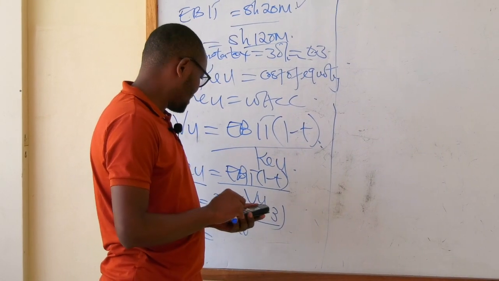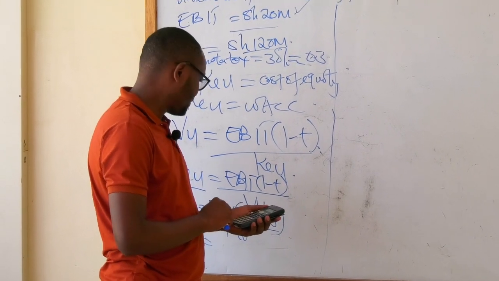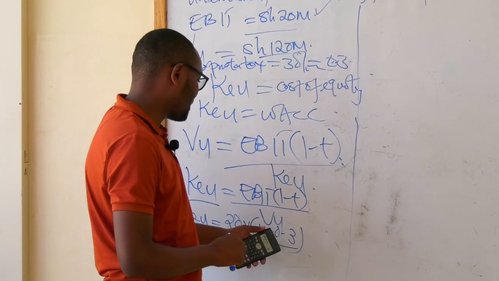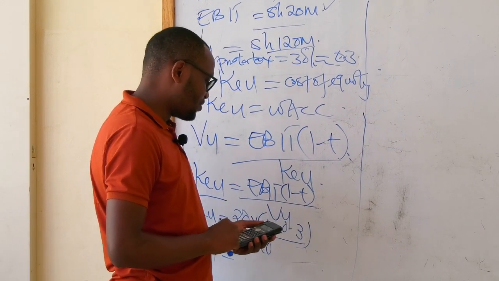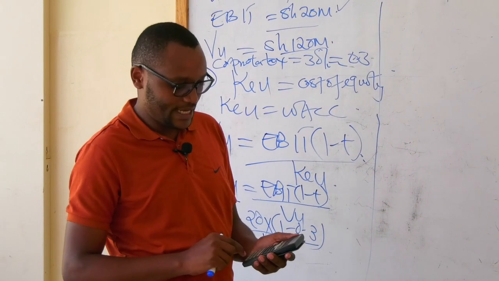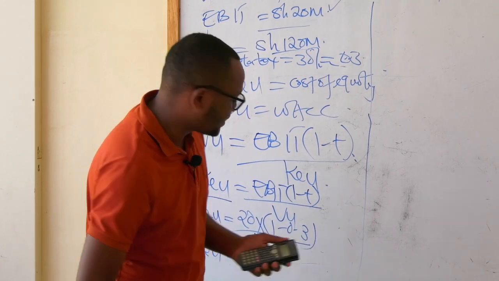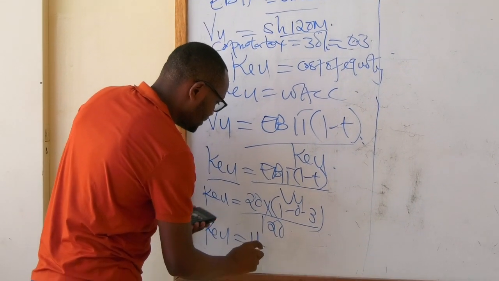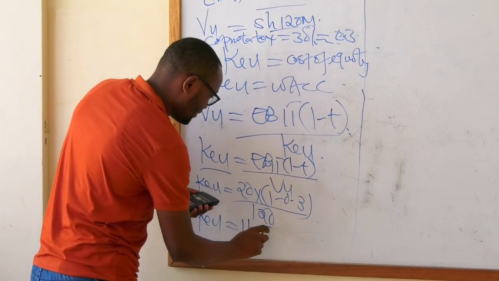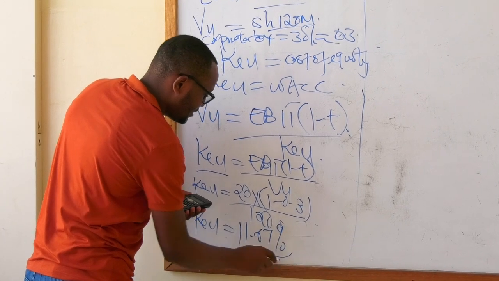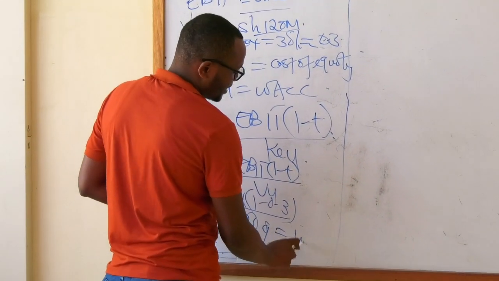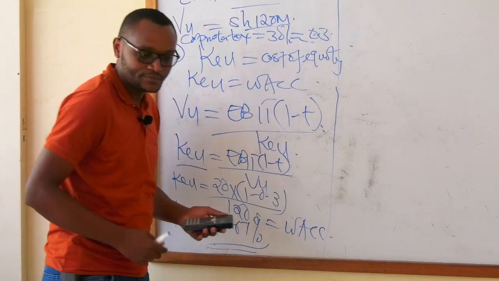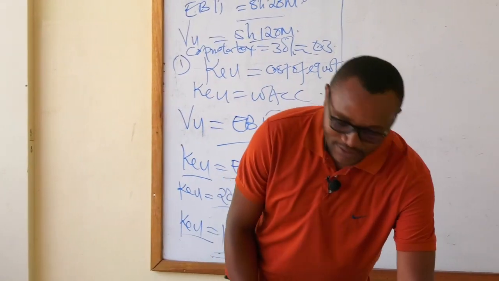We are going to take 20 times 0.7. After subtraction, you get 14 divided by 120. You get 0.1167. Then you multiply by 100 to get a percentage. So this one is 11.67%. That's simple. And you have said Ke is equal to WACC. So that is the same. You have your 2 marks.